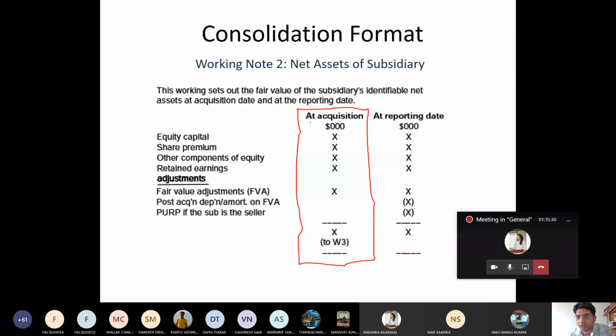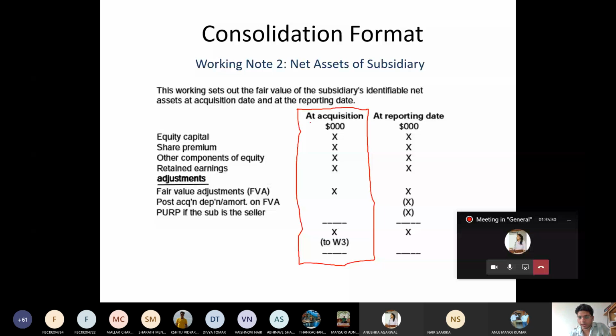Depreciation is a year-end adjustment, so it will go in the reporting date. PURP is called provision for unrealized profit. It will also go in the reporting date. So in acquisition date I'll only take these three figures: equity plus reserves plus fair value adjustment.